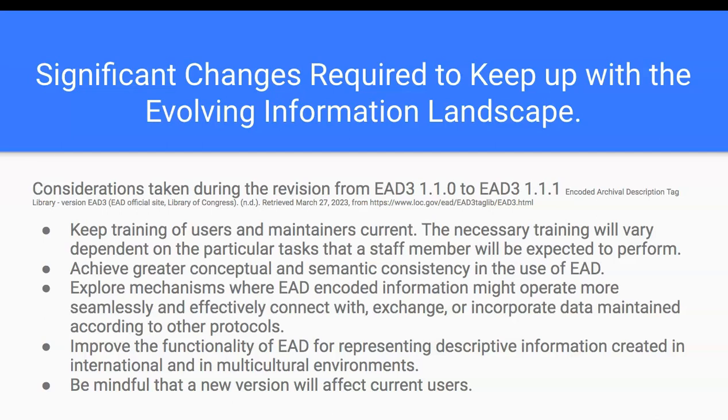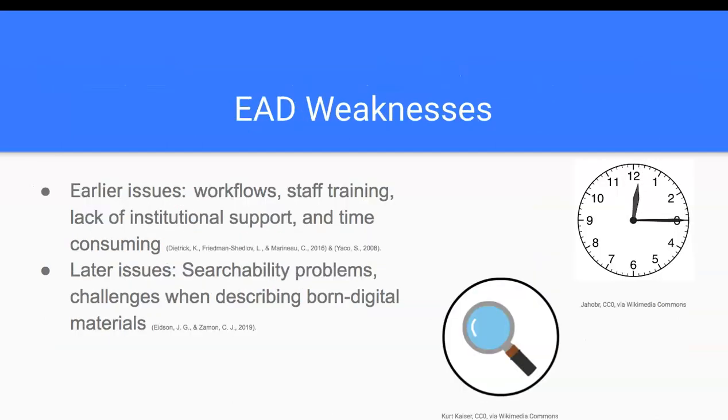And to be mindful that a new version will affect current users. Since this has been revised many times, with each new version it does affect current and future users as well. So keeping that in mind as the information landscape continues to evolve. Some weaknesses with EAD: with the earlier versions, a lot of complaints were about workflows.